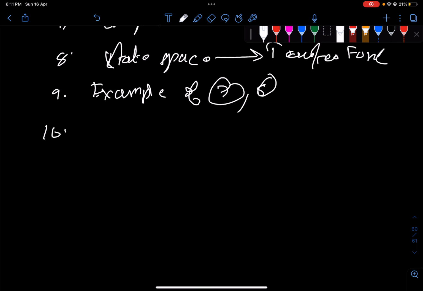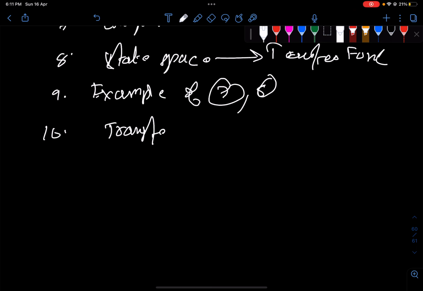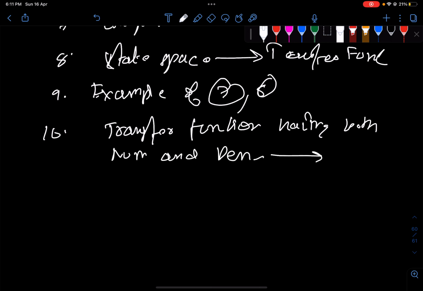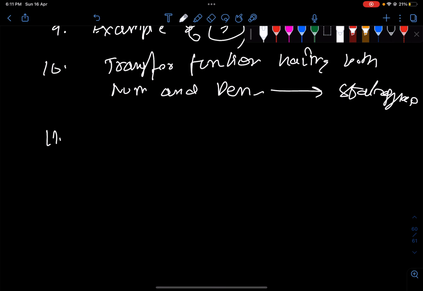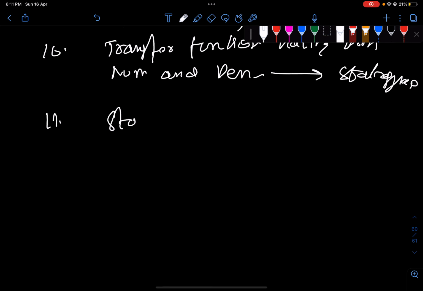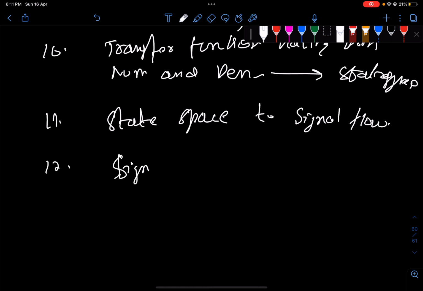Then we discussed a transfer function having both numerator and denominator, and how to convert it to state space. After that, state space to signal flow diagram. After that, signal flow to state space.